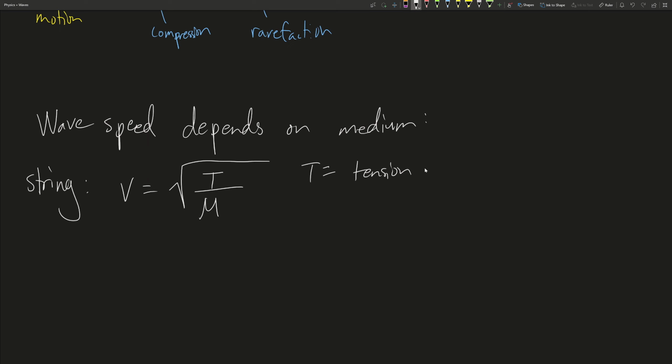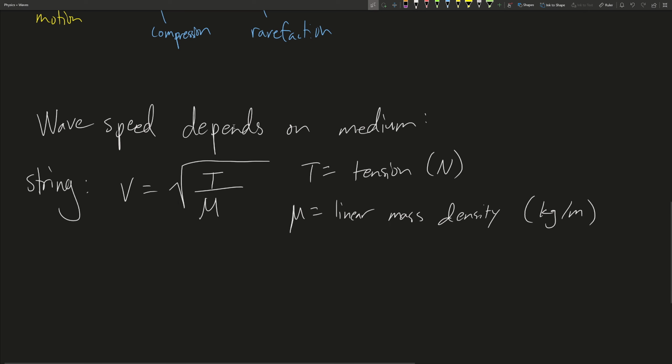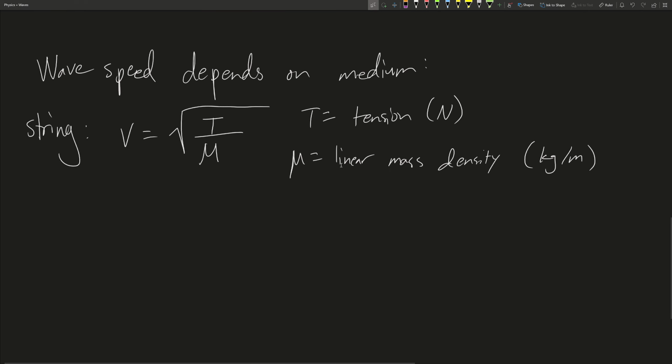So if you have a taut string, it's the tension in the string in newtons. And mu is the linear mass density, in kilograms per meter. That's how much mass there is in the string per length, so you can just think of it like the density of the string.